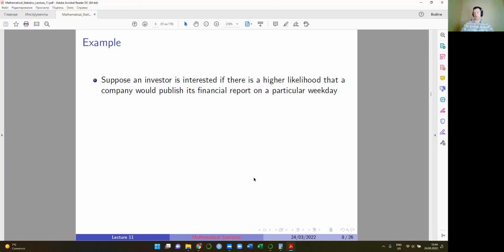So let's take a particular example to understand what is going on. Suppose that we have an investor, and this investor is interested in whether there is a higher likelihood that a company publishes its financial report on a particular weekday.